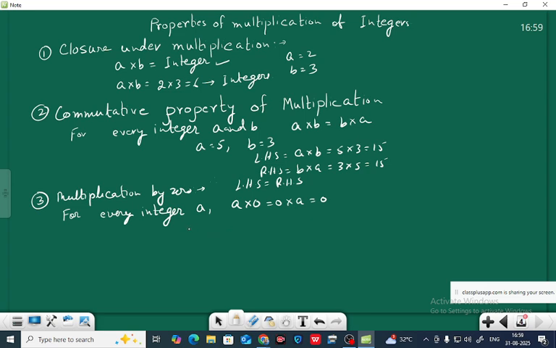Let us take one integer, suppose I am taking 5. Then here you see that 5 into 0 is equal to 0 into 5, and we are getting the value 0. This is multiplication by 0.